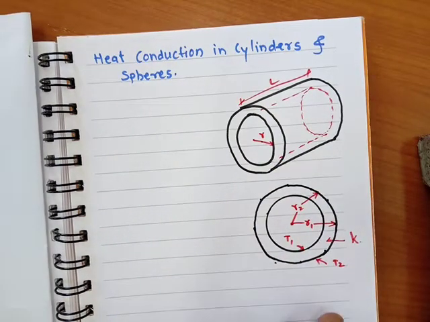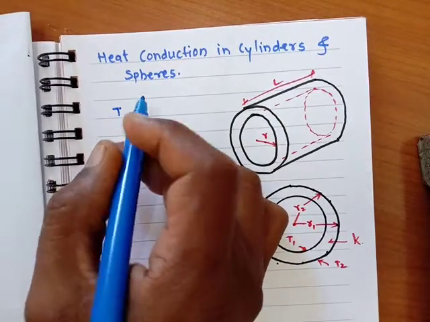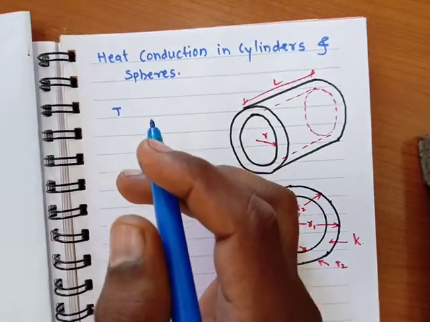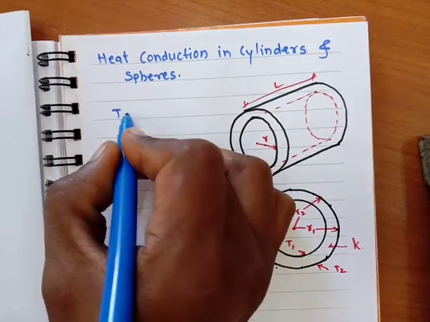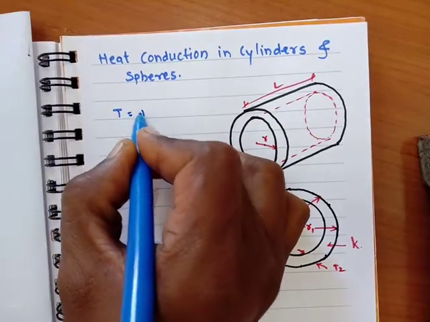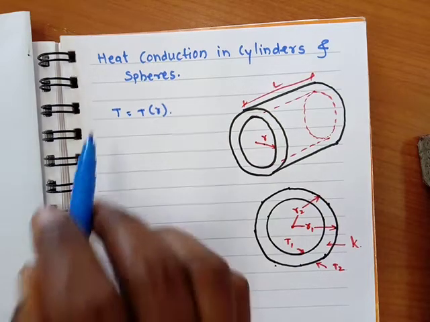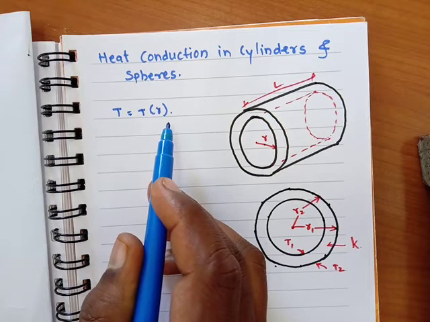Here the temperature in the cylinder or the sphere depends on the radius. So temperature is a function of radius in steady, one-dimensional heat transfer.